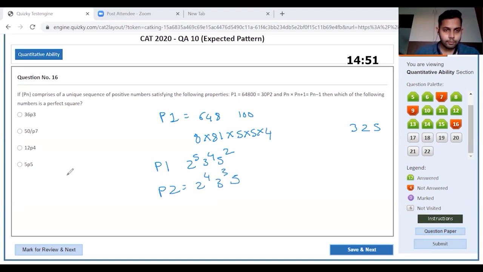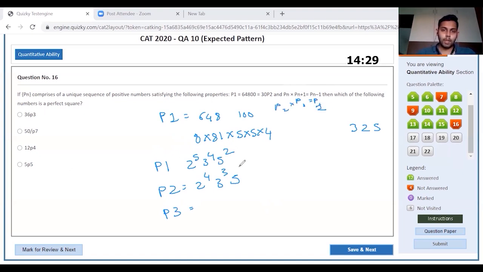Okay. What is P3? Sorry, it will be P2 into P3 is equal to P1.